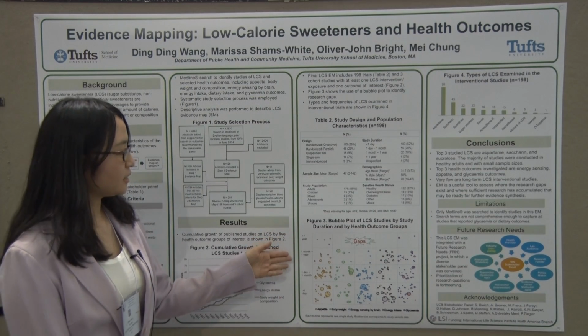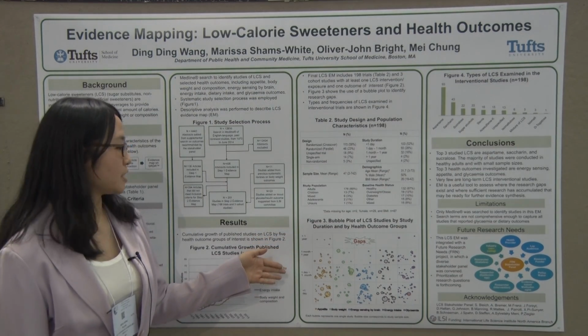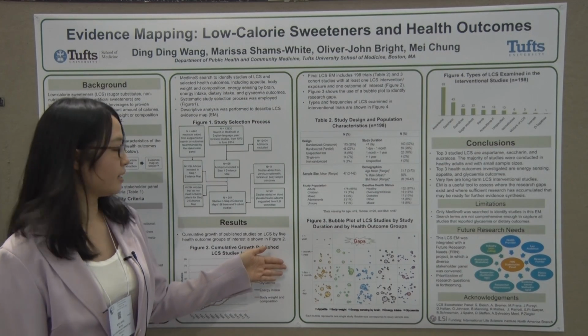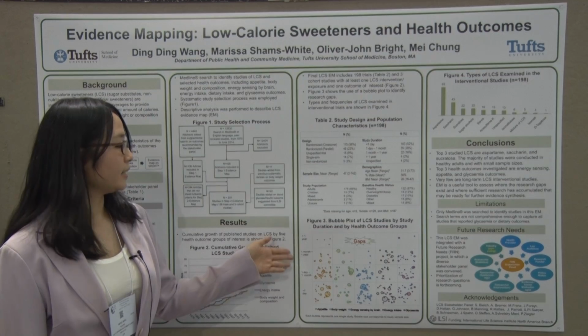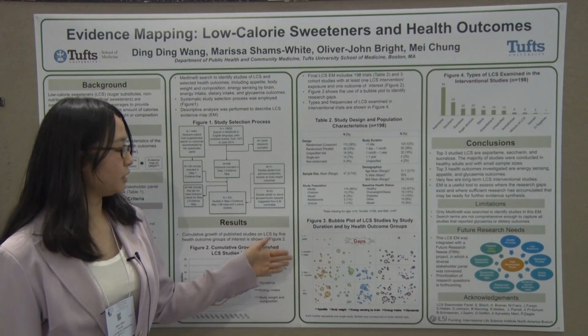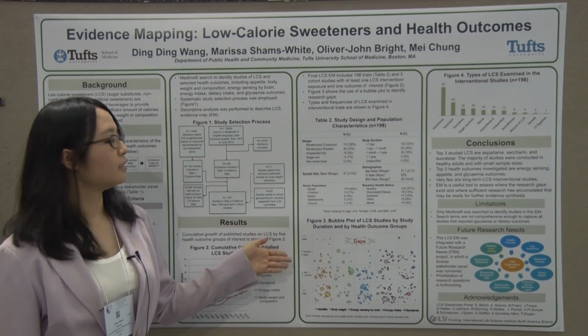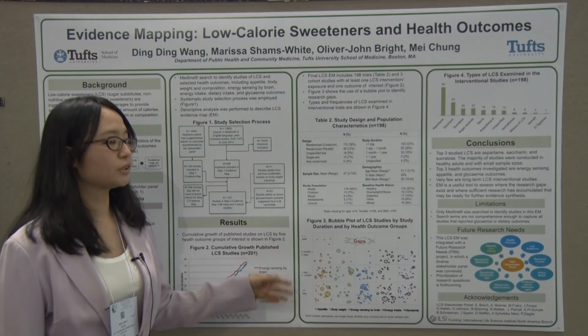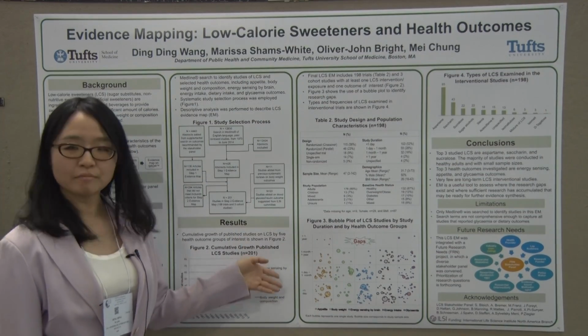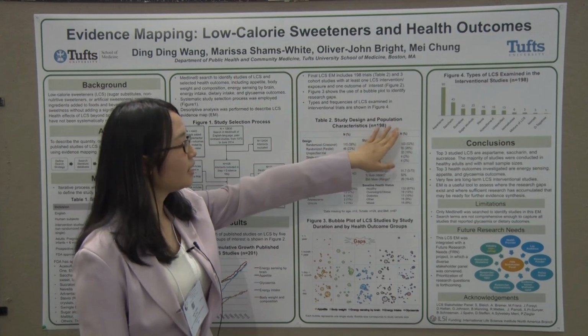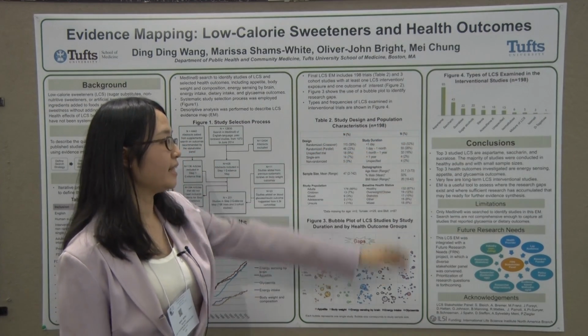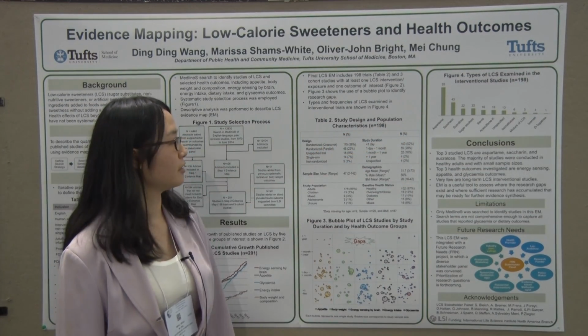And Figure 3 shows the bubble plot of low-calorie sweetener studies by study duration. Each bubble represents one study, and the size of each bubble corresponds to the study sample size. On Figure 4, the most studied low-calorie sweeteners are aspartame, followed by saccharin and sucralose.